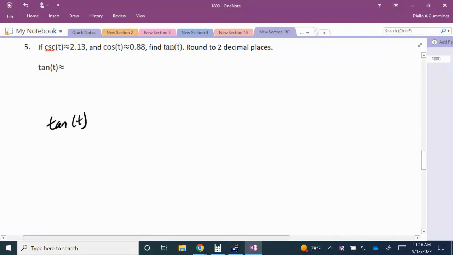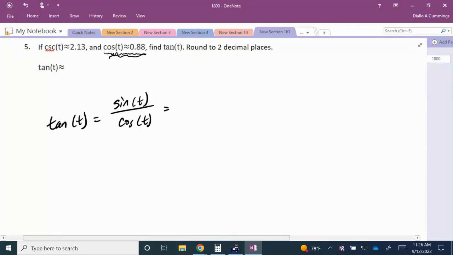But since our variable is t, I'm going to use t instead of theta. So that's equal to the sine of t divided by the cosine of t, right? And if I look close, I have a cosine, which I can substitute in the bottom, but I don't quite have sine, right?